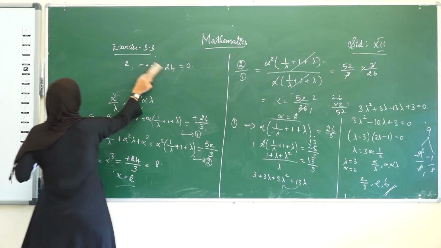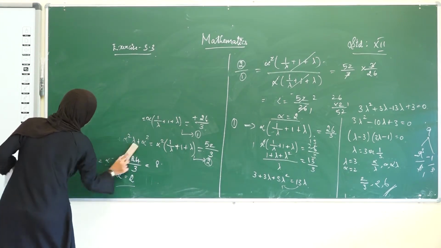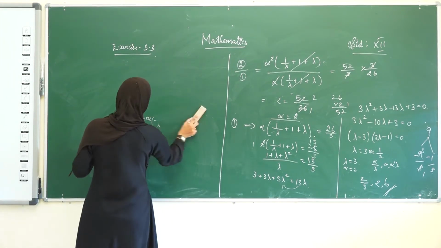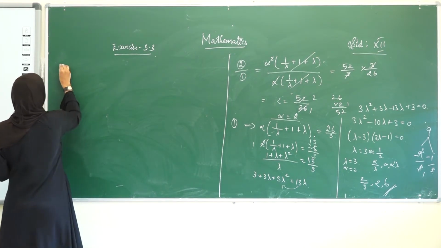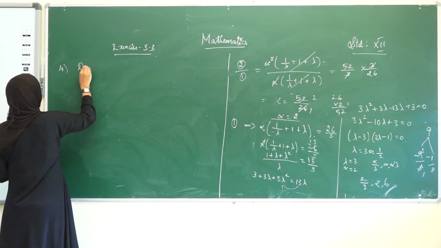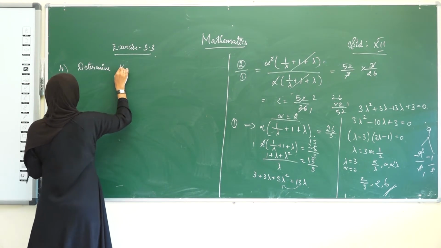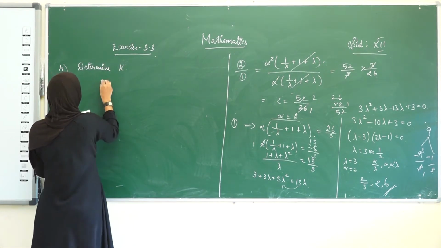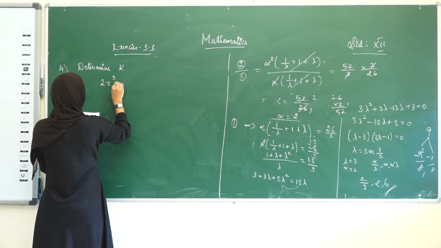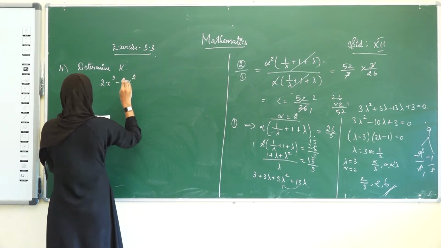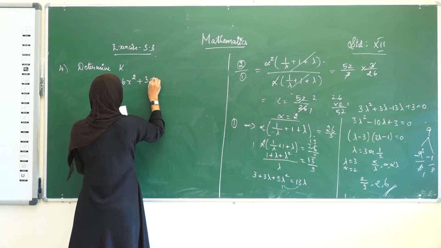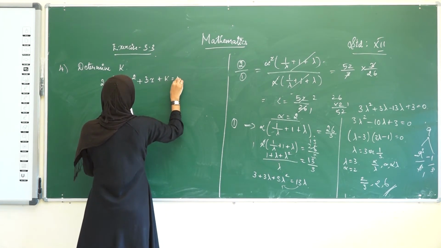Okay. Now, we are moving on to the fourth sum. In the fourth sum, what they have given, we have to determine the value of k. Determine k, while solving the equation 2x cube minus 6x square plus 3x plus k is equal to 0.